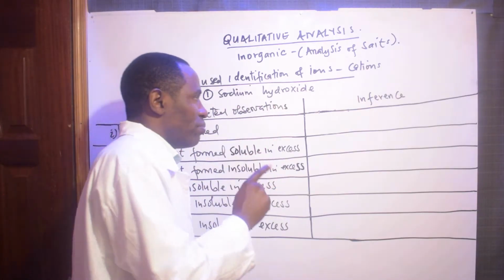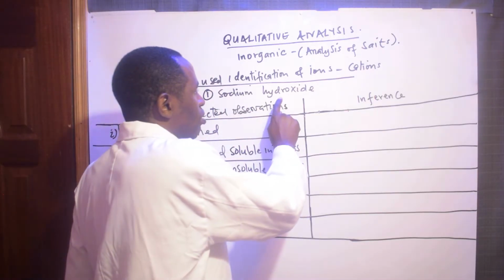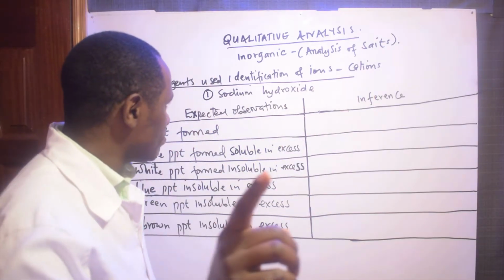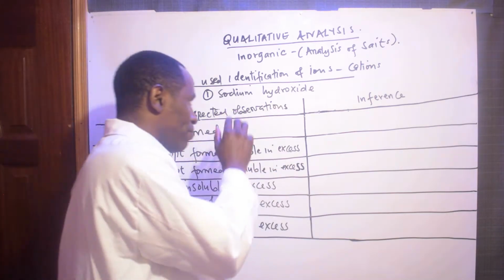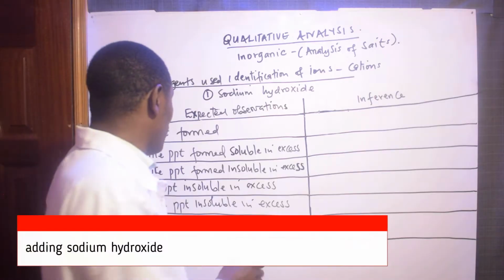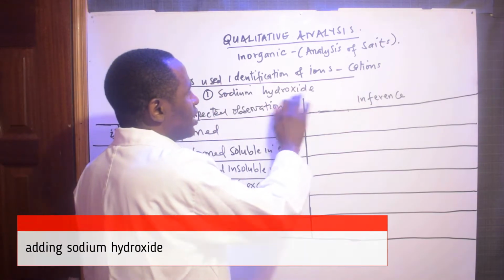When you think about sodium hydroxide, you should think of it being a strong base. It's important to note that. Then number two, we also think about the hydroxide ions.